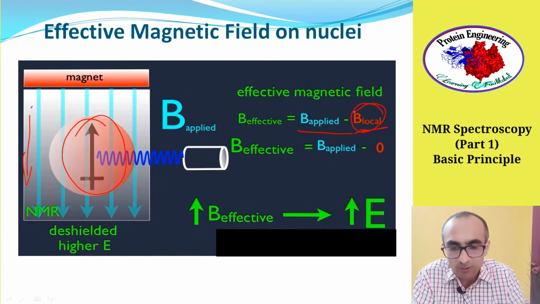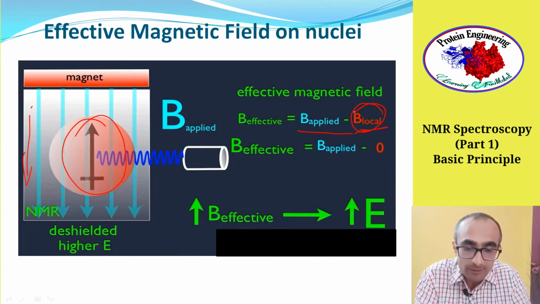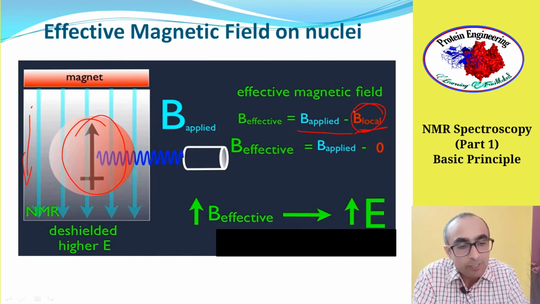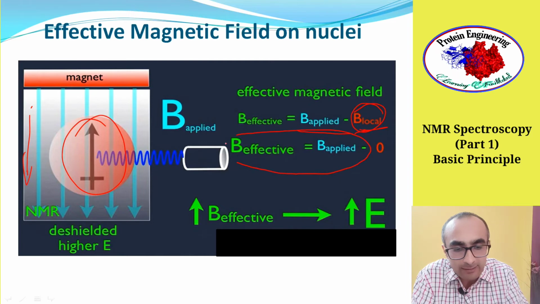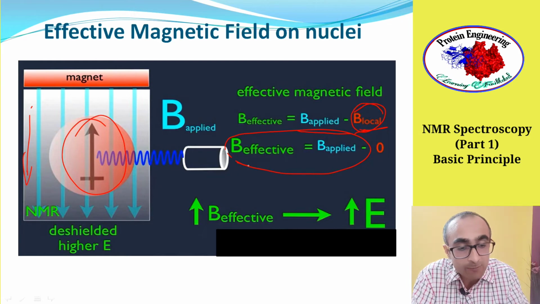So in case of a deshielded proton, deshielded nucleus, where there is no electron in the neighborhood affecting the properties of this nucleus, in that case B local is 0. So B effective would be equal to B applied in the case of the deshielded proton. So B effective would be high in this case.